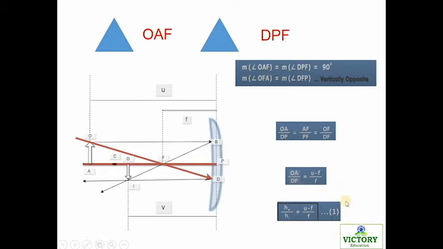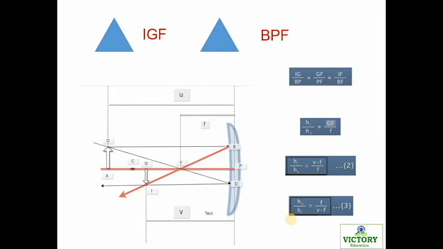So let's consider this as equation 1. For easy reference, OA is nothing but the height of the object and DP is nothing but the height of the image, so I'm just replacing them with Ho and Hi. The next is going to be the next two triangles, which are IFG and BFP.